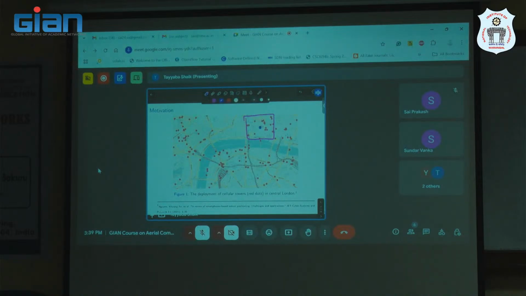Suppose we want to study the performance experienced by this user given this base station deployment, where the red dots are the base stations.